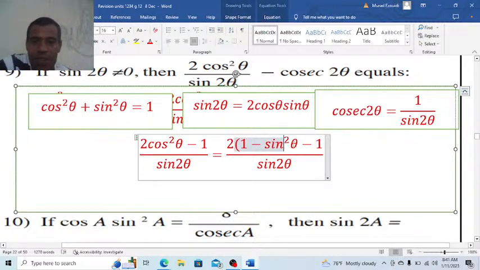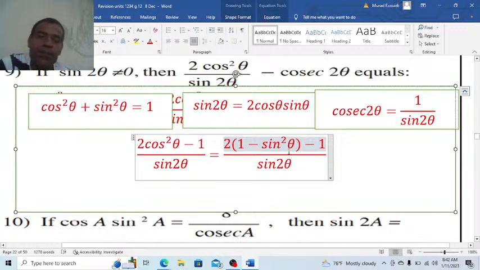So it will be 2 times 1 minus 2 sine square of theta, minus 1.